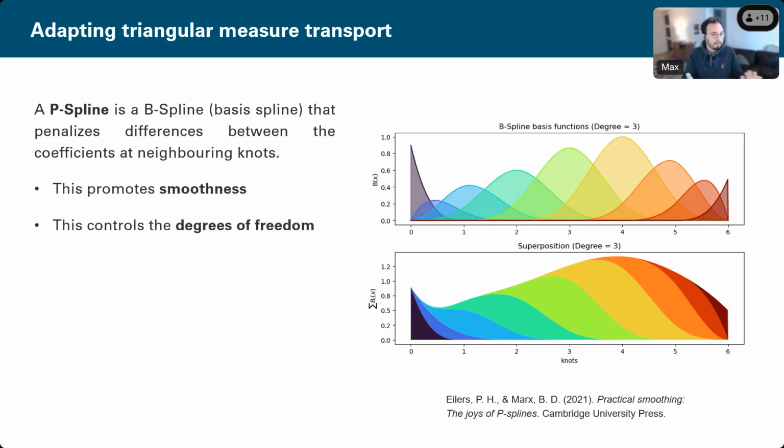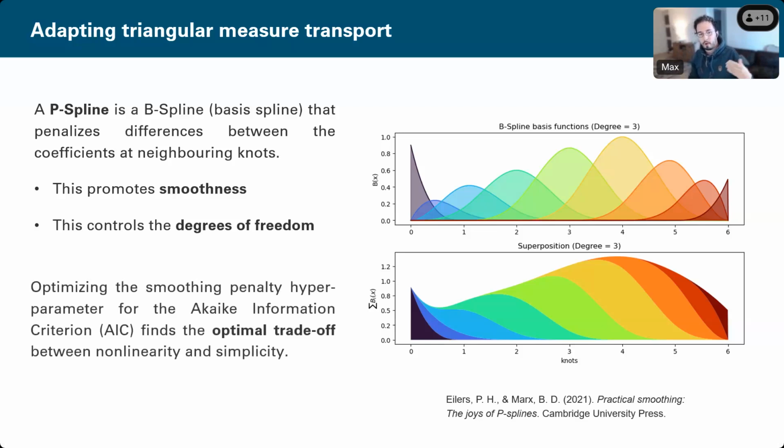And if we don't enforce smoothness at all, then we can adjust each of these basis splines independently, and we have a very nonlinear map. So by controlling the smoothing penalty, we can figure out how nonlinear our map will be. And what we are doing is solving an auto-optimization problem that tries to optimize the Akaike information criterion to find this optimal smoothing penalty.